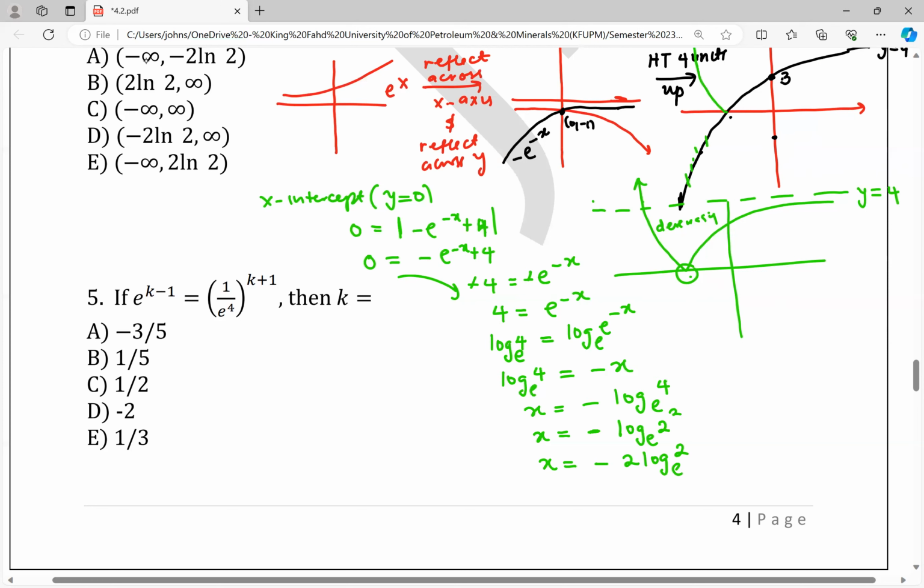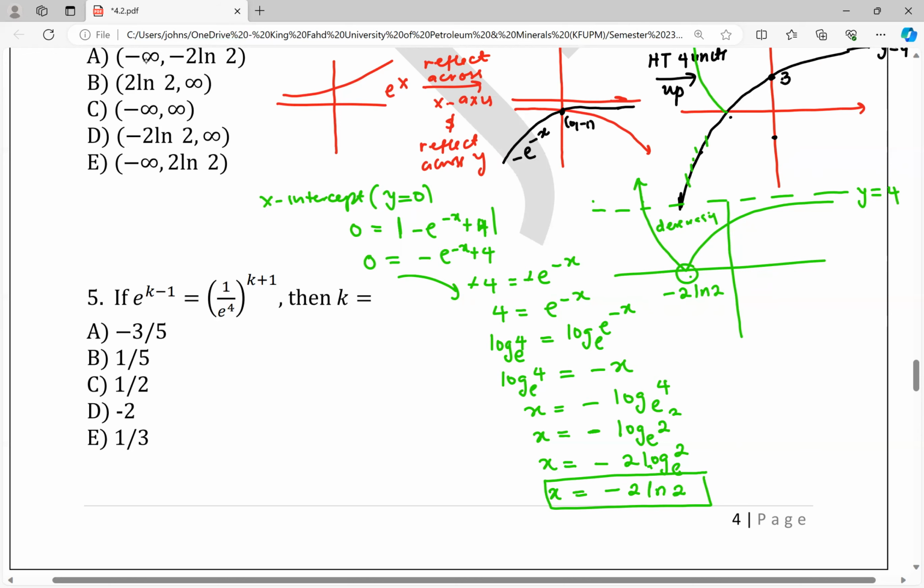So x is minus 2 times log to base e of 2. Log to base e is the same thing as ln, so this is just ln 2. So our x-intercept here is nothing but minus 2 ln 2.